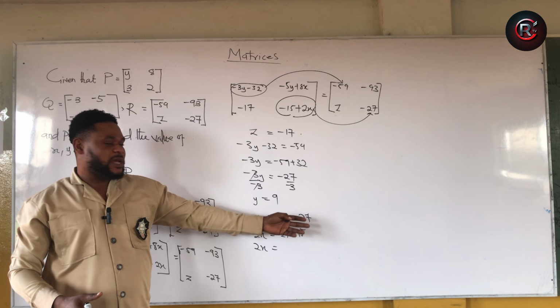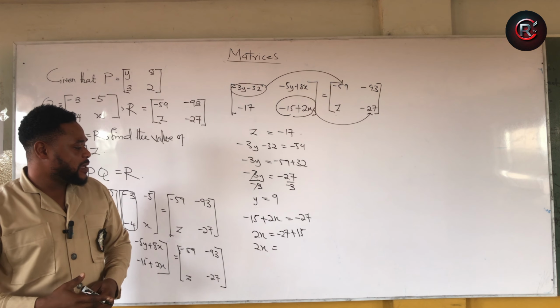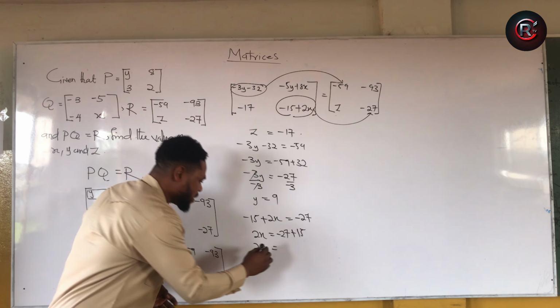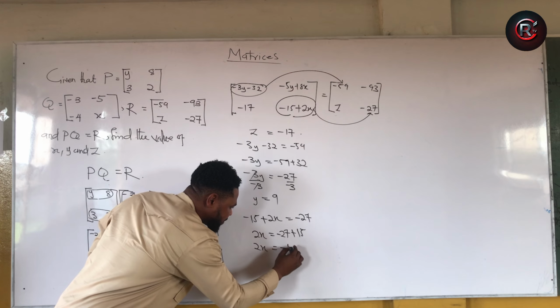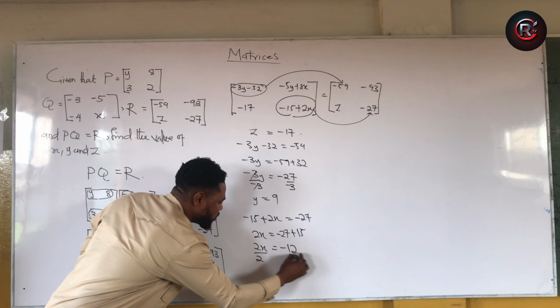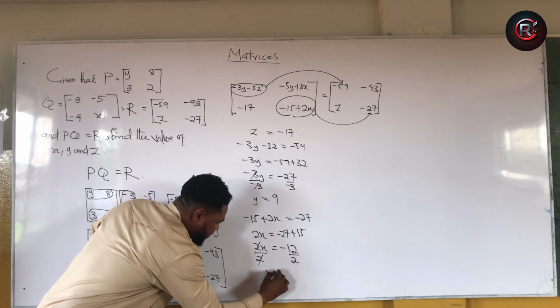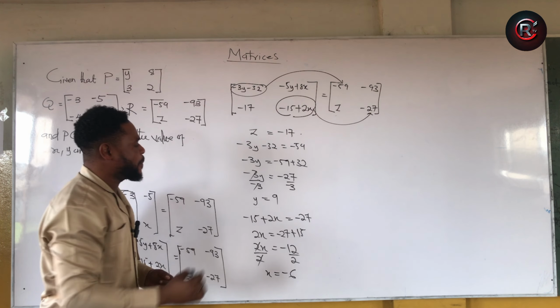When you add this to that, mathematically, that will give you -12. So we have -12 here. We divide both sides by 2, and our x will give us negative 6.